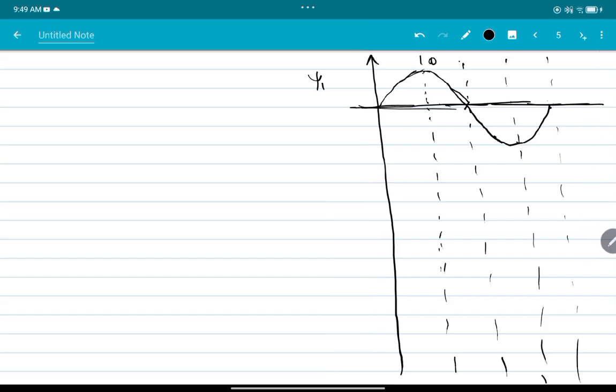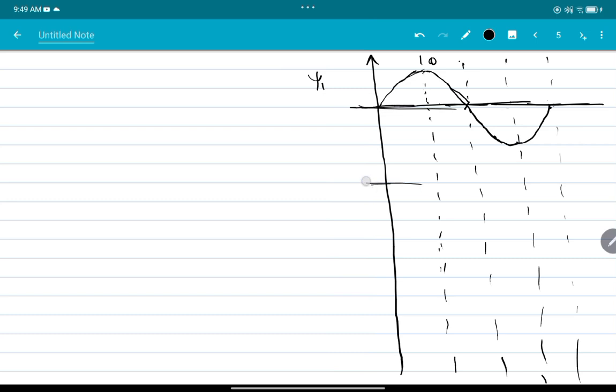Now I have another wave, but before drawing that, I will divide it. Till now, I have divided the whole range of lambda into 4 parts: 1, 2, 3, 4. Unfortunately, they are not exactly the same. There is some error, but that will not create any problem for us.